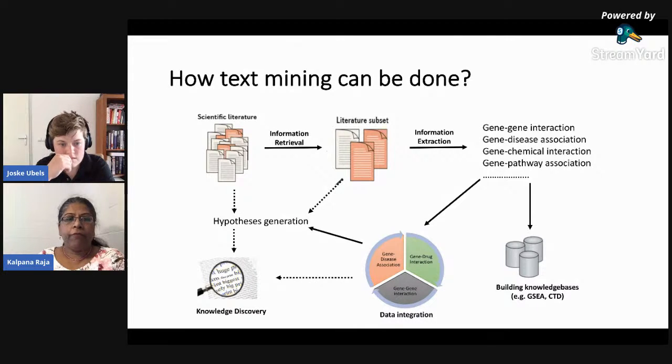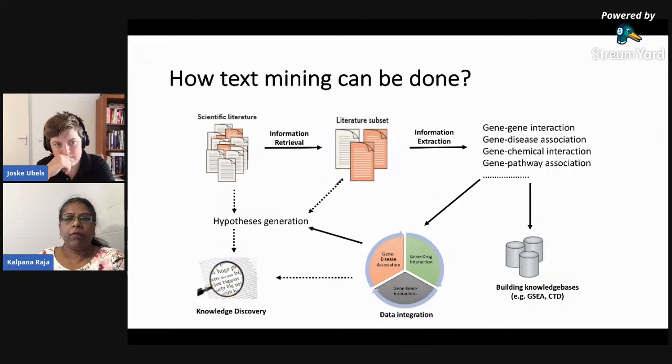For example, if you are a researcher doing research in Alzheimer's disease, you will be interested to get the literature related to Alzheimer's disease. So retrieving those literatures is called information retrieval.